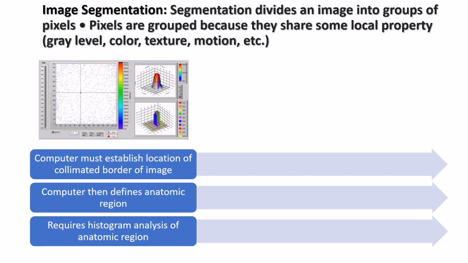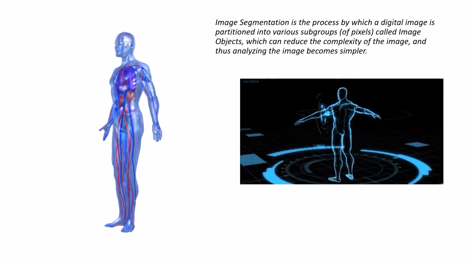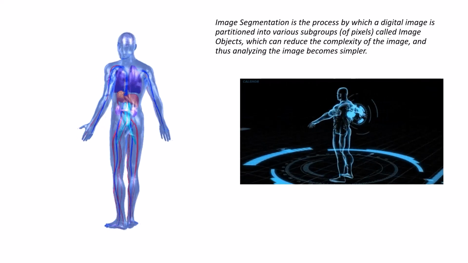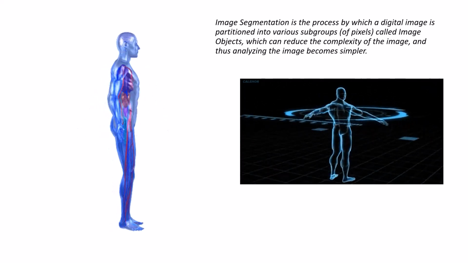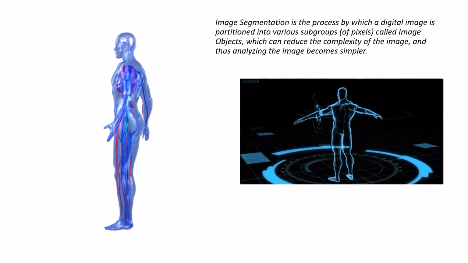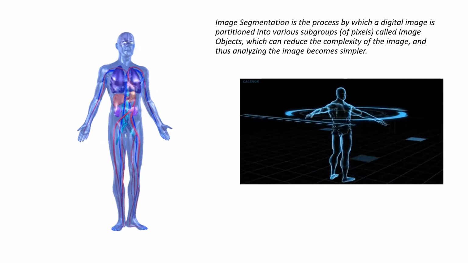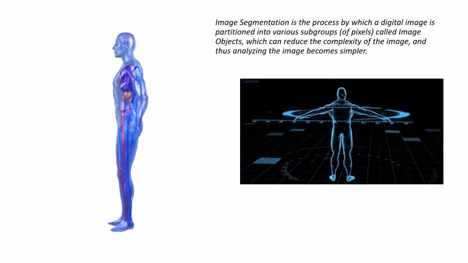First, the computer must establish location of a collimated border of the image. It then defines the anatomic region. To do this requires a histogram analysis of the anatomic region. So image segmentation is the process by which a digital image is partitioned into various groups or subgroups of pixels called image objects, which can reduce the complexity of the image, and thus analyzing the image becomes simpler.